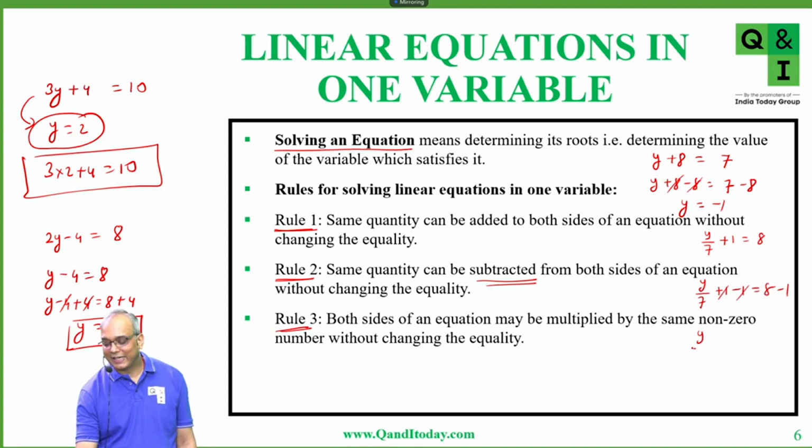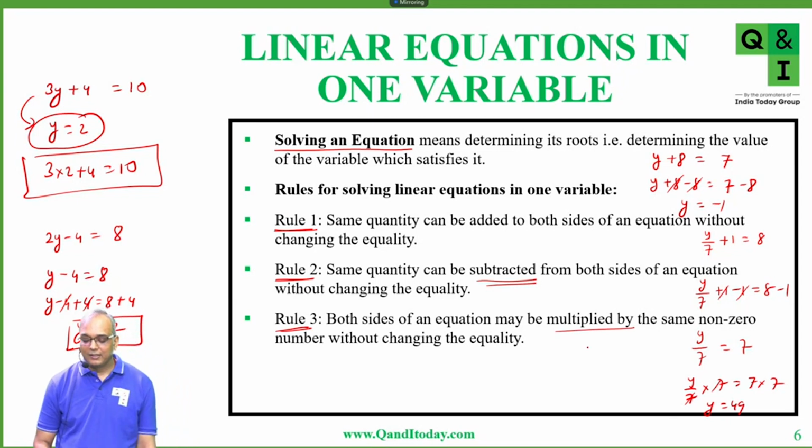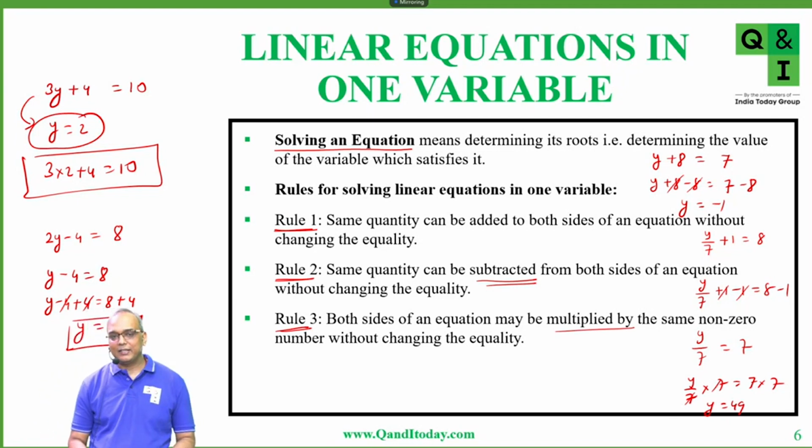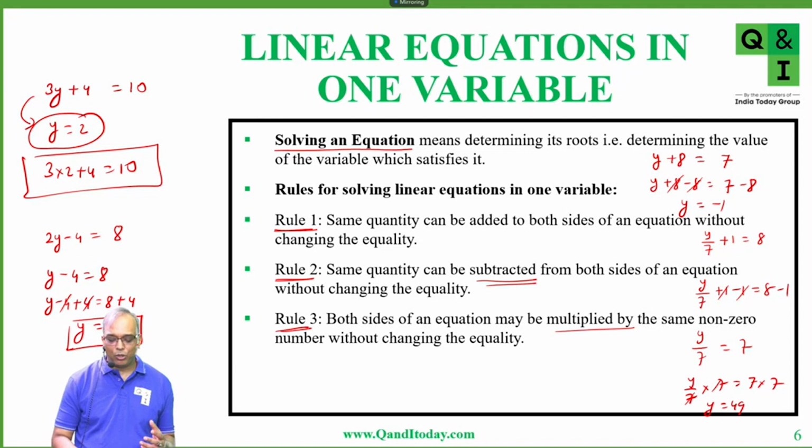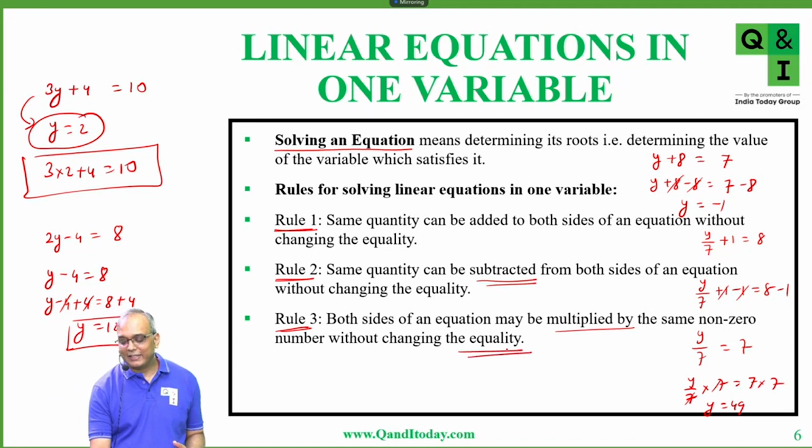Or this gets cancelled, y by 7 is 7. Now you multiply 7 on both the sides. So this gets cancelled and you get y is equal to 49, right? So you can multiply the same quantity. So if you multiply both sides of an equation by the same non-zero number, the equality does not change.